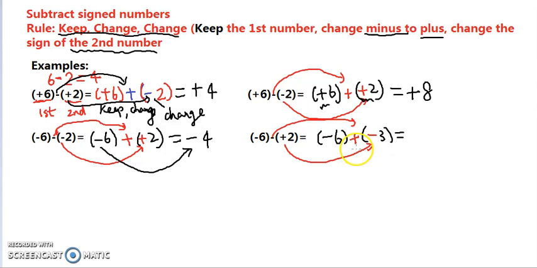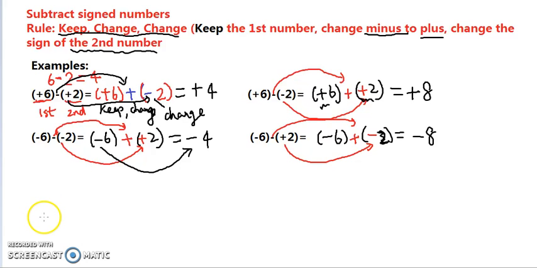And for this addition problem, we use rule number 1 of addition. If they have the same sign, it's like debt plus debt, we get a larger debt. So negative plus negative, we still get a negative, and a larger debt, 6 plus 3. Sorry, that should be 2 here. So 6 plus 2 will give us 8. So that's a negative 8.